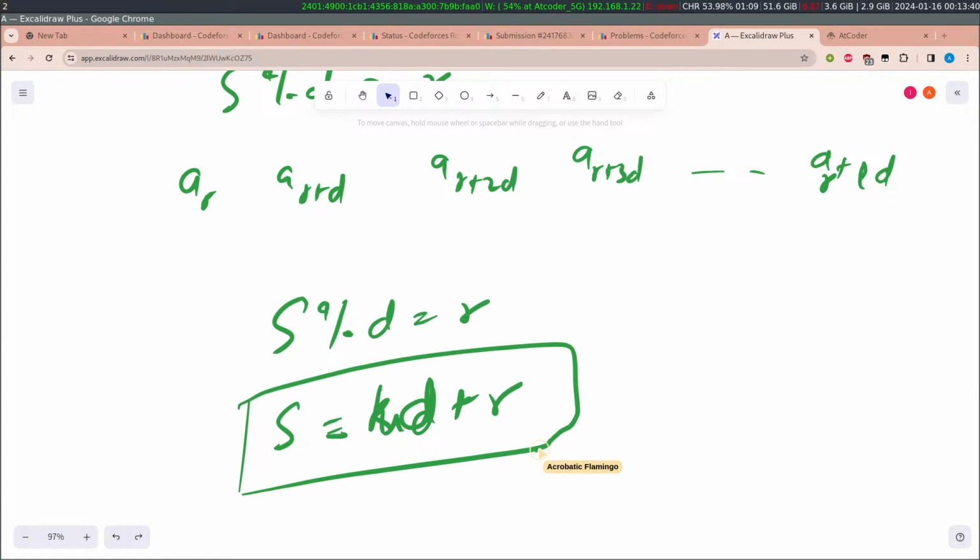Our final number in the sequence, s plus k minus 1 times d, would be equal to u plus k minus 1 times d plus r. And this would be some part of this given sequence.